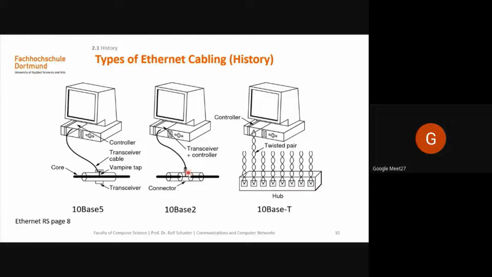And after the proposal of UTP, Ethernet later proposed the use of optical fiber cables that permit transmitting the signals further.